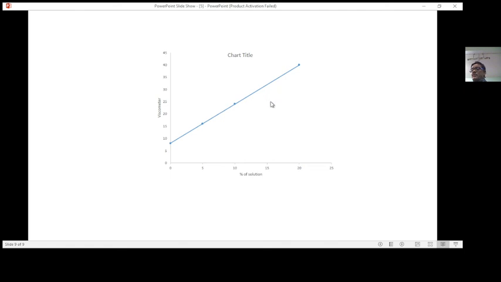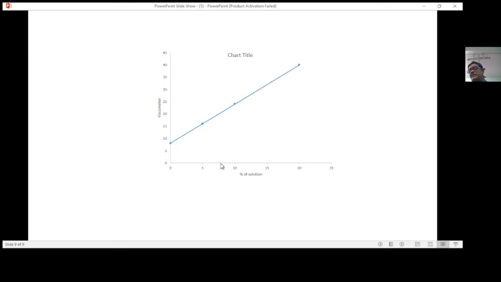And if you take, suppose, a 15% solution, you can easily go to this graph and read it there. The viscosity of the 15% solution will be, suppose, here 30 millipoise. If you have an unknown solution, suppose you have a viscosity of 25 or 20, what will be the percentage of the solution?